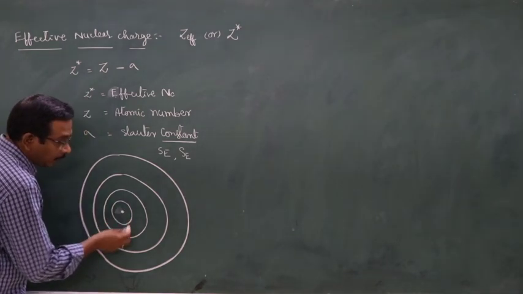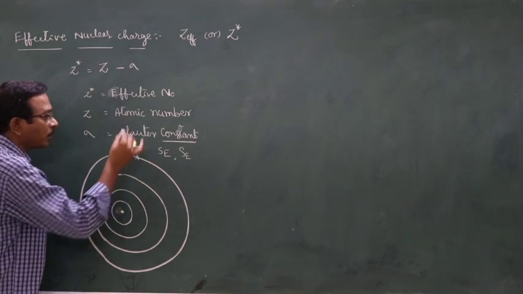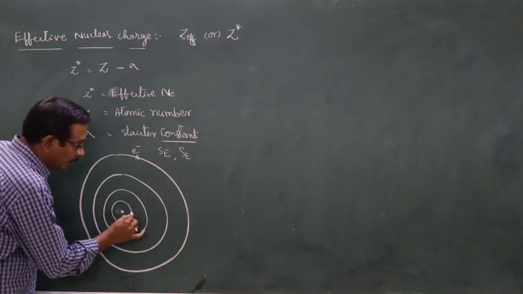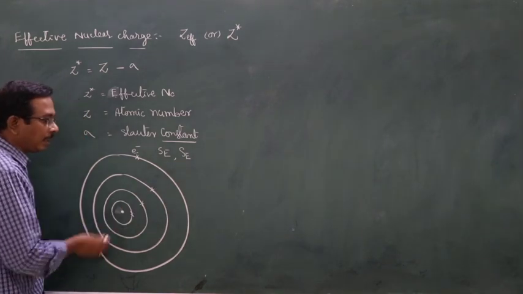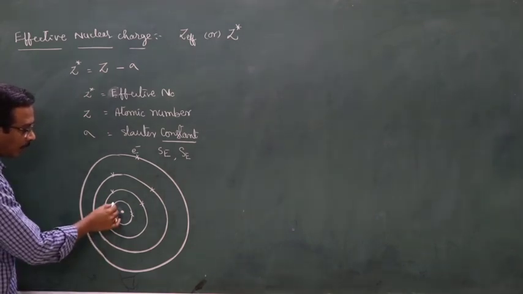And here there is an electron present in the outermost orbit. In the same way, the electrons are present in some other inner orbits also.